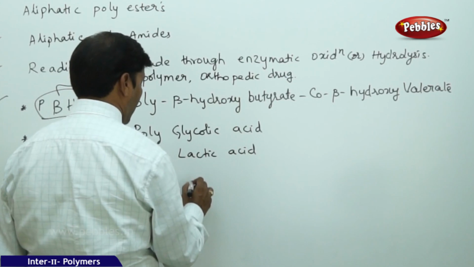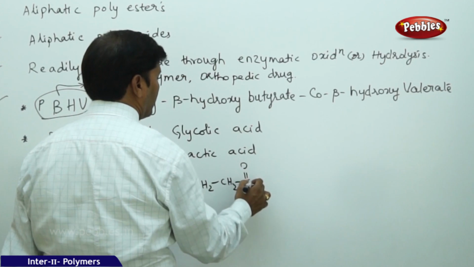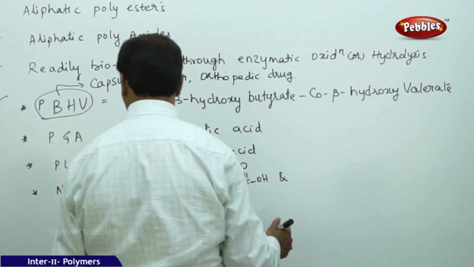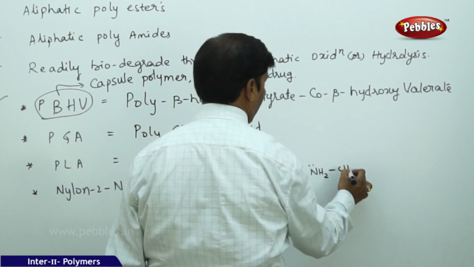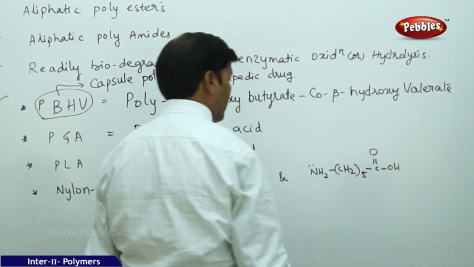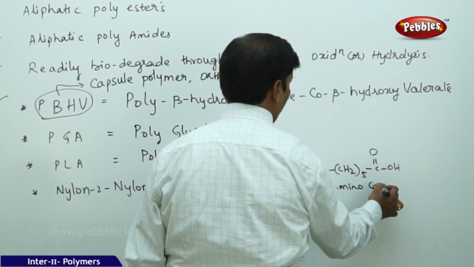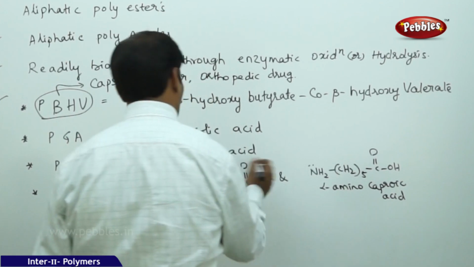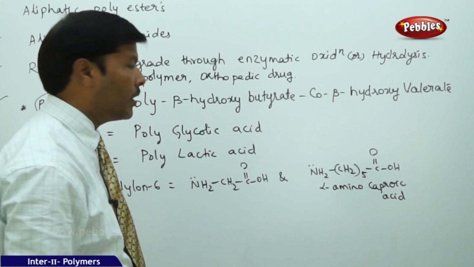But here we take alpha amino acid, NH2 CH2 COOH, and we have NH2 caproic acid, NH2 CH2 taken 5 times, COOH. This is alpha amino caproic acid. When you condense these two amino acids together, we get the nylon 2 and nylon 6 biodegradable polymer.